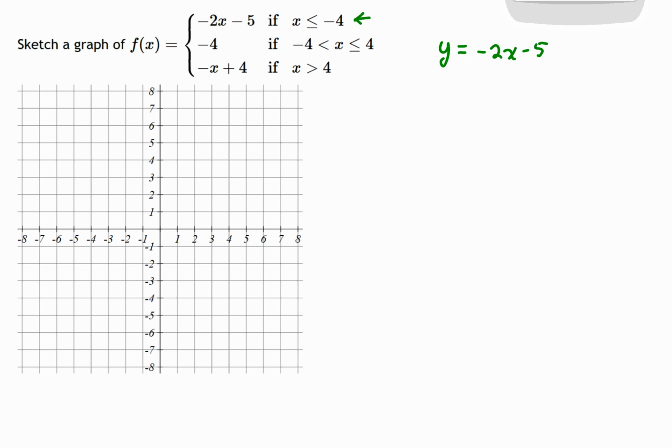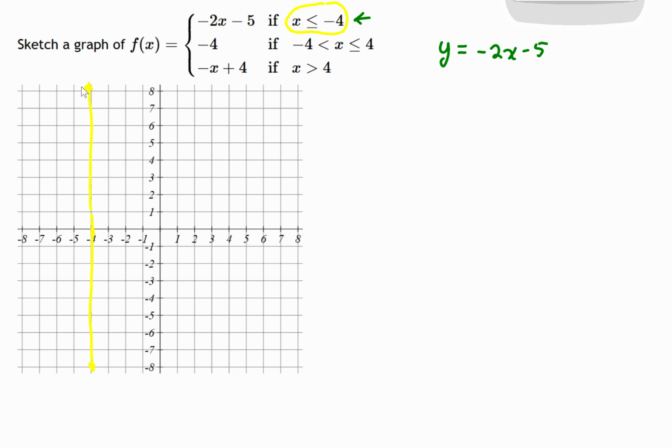The other thing to notice is that it says for x less than or equal to negative 4. So let's look at, here's where x equals negative 4, and everywhere along this line, any point along that line off into forever in both directions, all the points on that line would have an x-coordinate of negative 4.